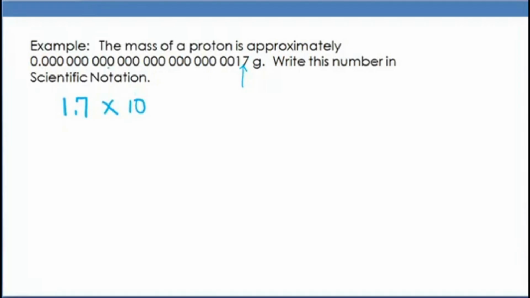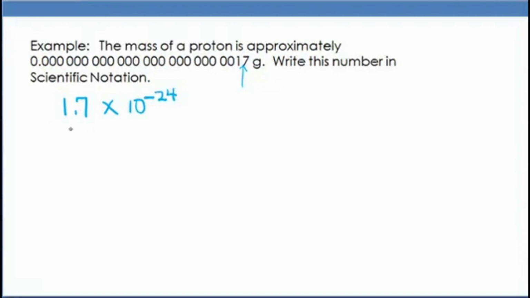and very small number, we're going to go to the left to get back to the original, and we'll count 3, 6, 9, 12, 15, 18, 21, 24. So a negative 24.